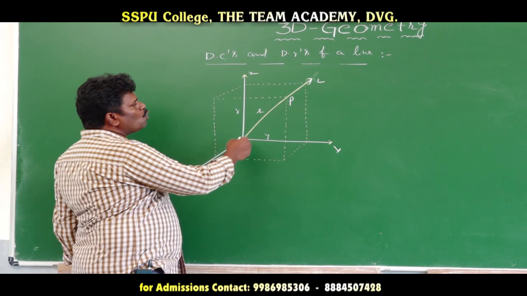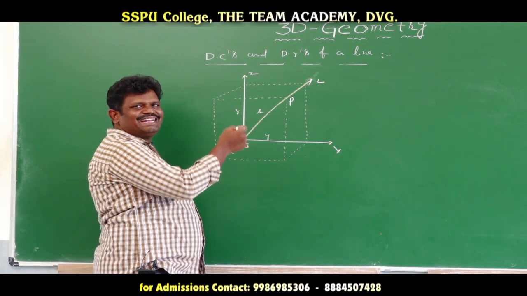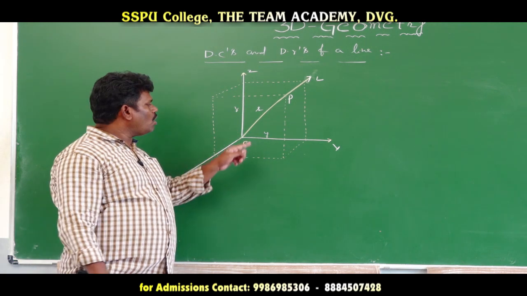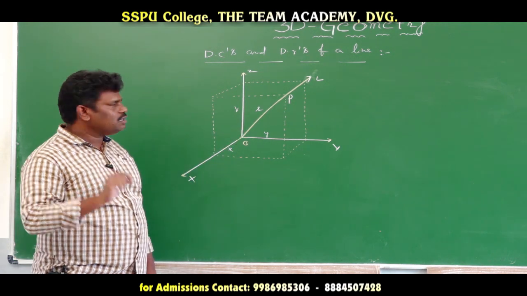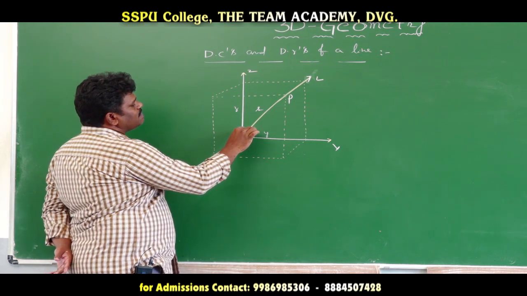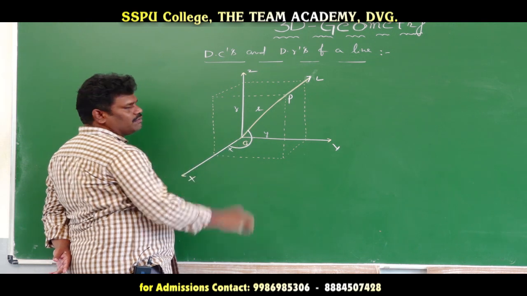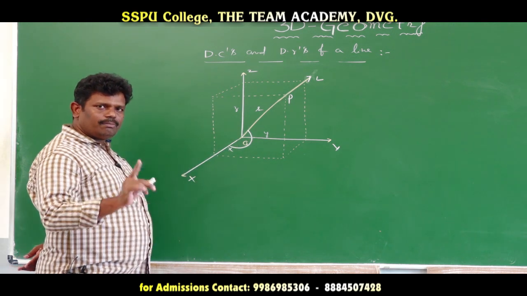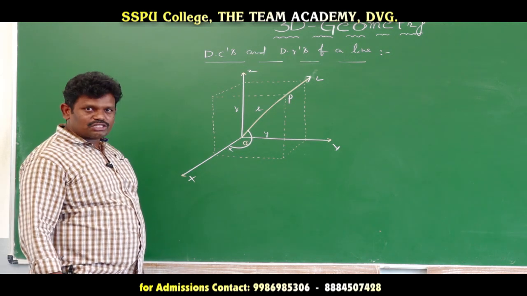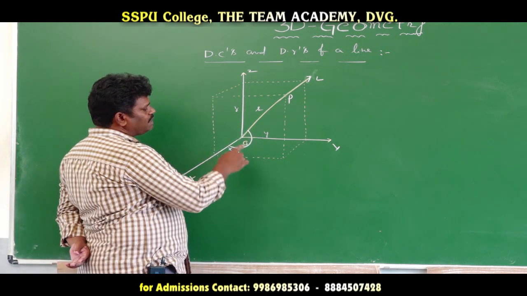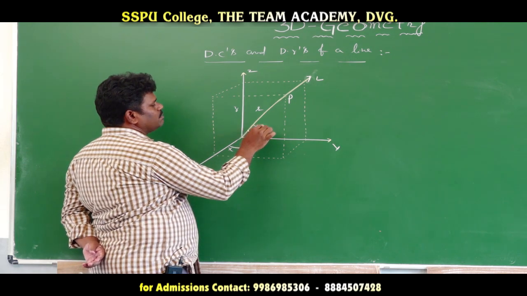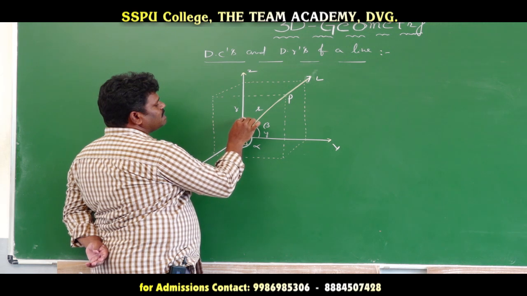Now see OP. OP represents a directed line L passing through the origin. This directed line makes angles alpha, beta, gamma with the x, y, z axes respectively. So the directed line makes angle alpha with the x axis, beta with the y axis, and gamma with the z axis.